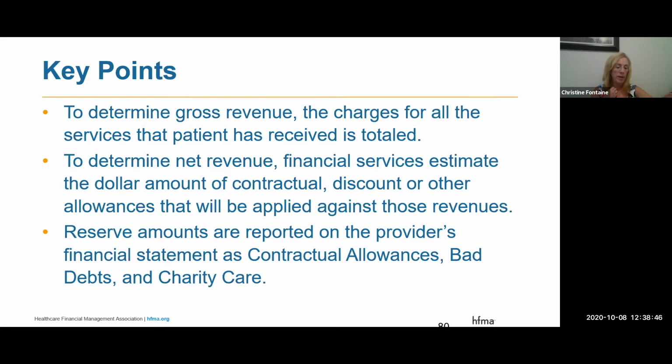Key points we want to make sure of are determining the difference between gross and net and how to calculate to go from gross to net, and then the importance of reserves and how they are reported on the provider's financial statements as either contractual allowances, insurance write-offs, bad debts, and charity care.